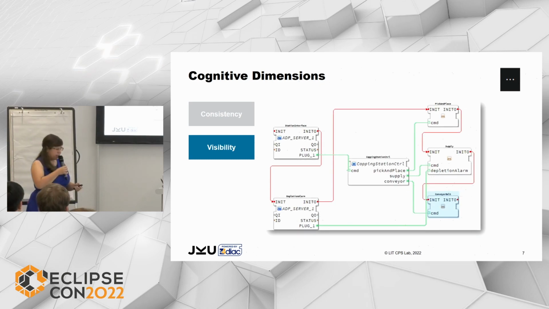A second dimension that we have is visibility. So visibility, of course, for graphical languages is especially important, but always what do I see on my screen right now? Also in textual programming, I have some trade-off between size of my text and screen sizes can't be increased infinitely.